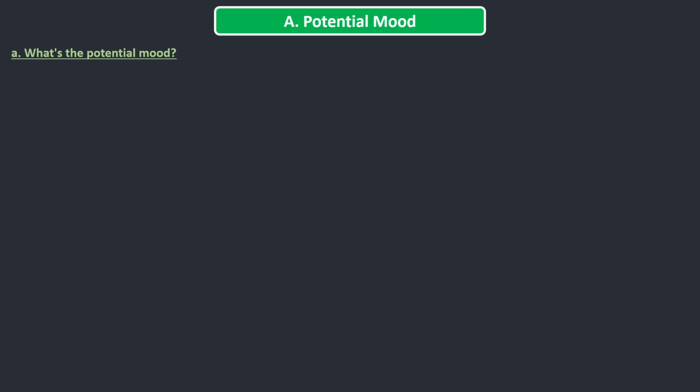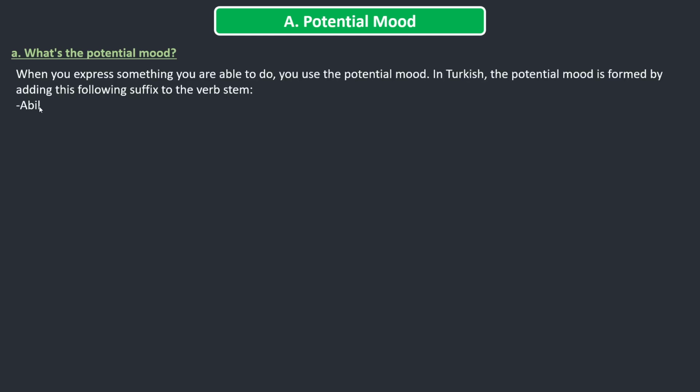And in Turkish we only have one suffix for this, and it's the -Abil suffix. As you can see here, we have the -Abil suffix. This should be convenient for you to remember because ability and then abil. But in Turkish, of course, the pronunciation is very straightforward, like abil.